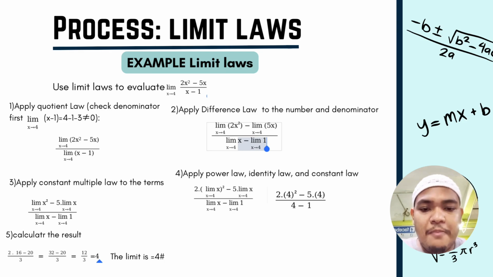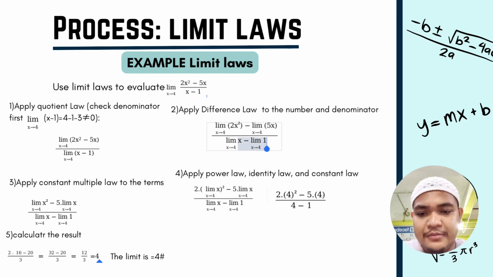And step 4, apply the power law, identity law, and constant law. 2 times 4 squared minus 5 times 4 over 4 minus 1.